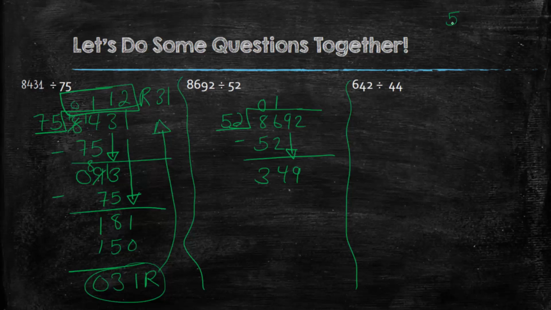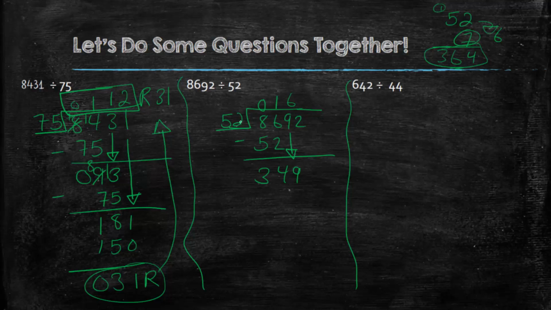So let's do this. 52 times 7. 7 times 2 is 14. We carry the 1. 7 times 5 is 35. Plus 1 is 36. So our answer is 364. Well, 364 is a bit bigger than this, so clearly the answer is not 7. The answer is 6. So 52 goes into 349 6 times.